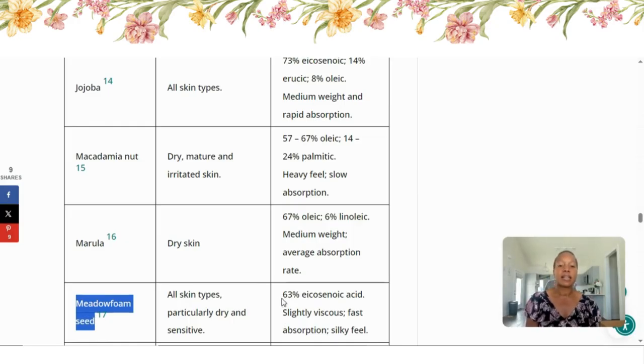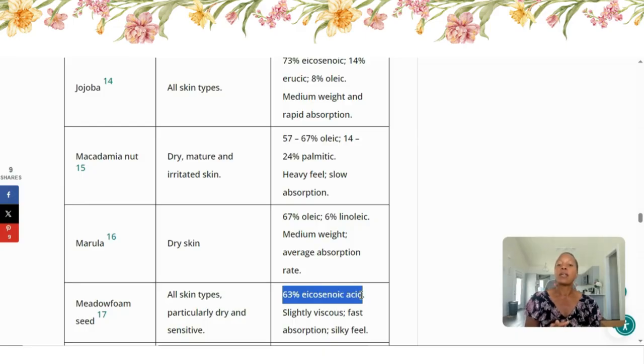This one has 63% eicosenoic acid, just a 10% difference with jojoba, right? So based on that concentration of that fatty acid, I would say this could be another option for something that is similar to sebum.